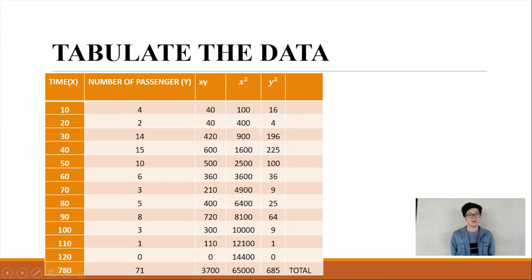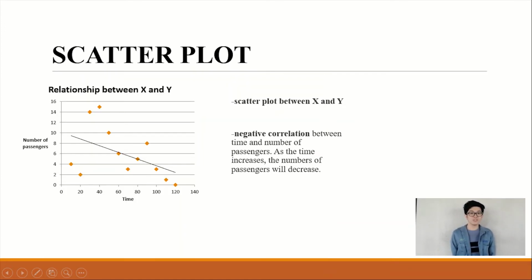We do the xy, x squared, and y squared calculations. For the next step, we draw a scatter plot to show the relationship between x and y. From the graph, we can see a negative correlation between time and number of passengers. As the time increases, the number of passengers decreases.